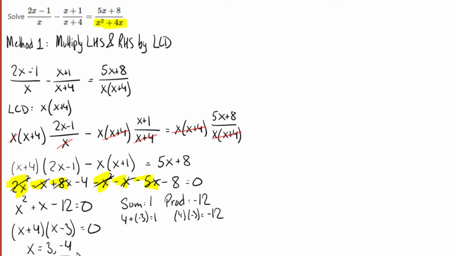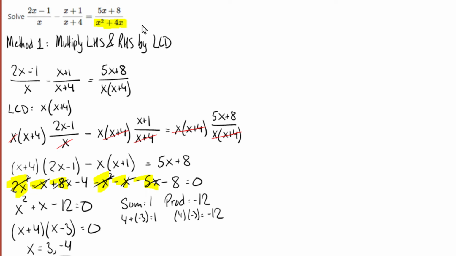Now, before we are done here, we need to be careful, because the minute we're dealing with rational expressions, so when we have the variable in the denominator, we will have non-permissible values. So sometimes we might want to find them at the outset before we start. That's perfectly fine.